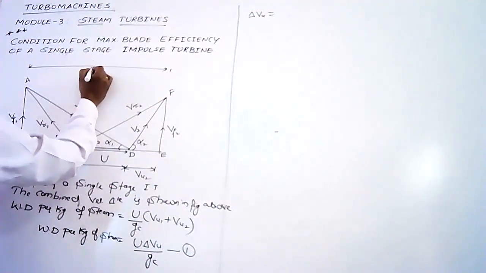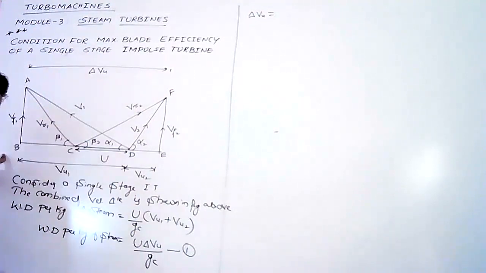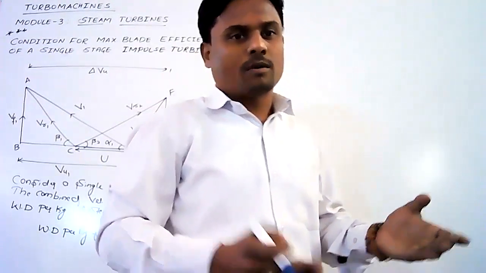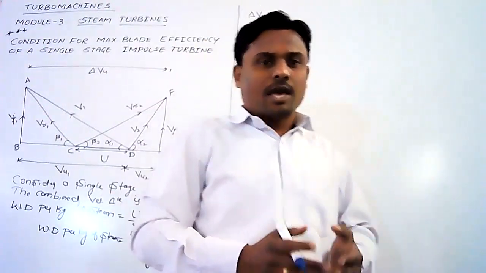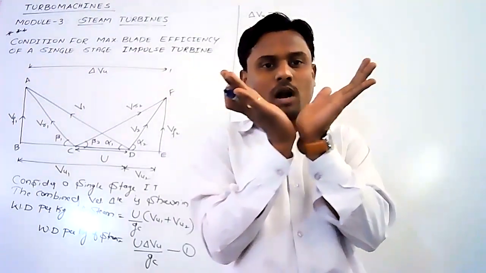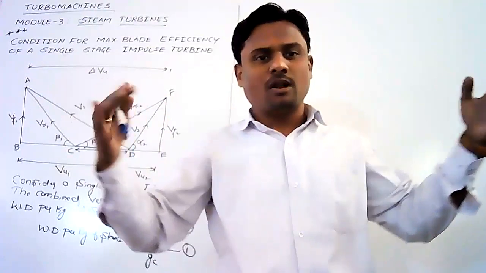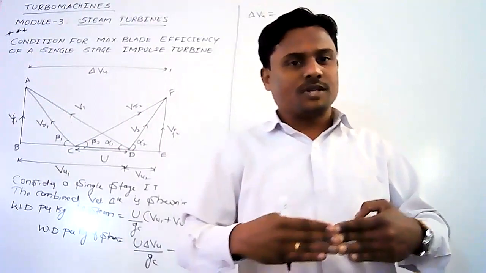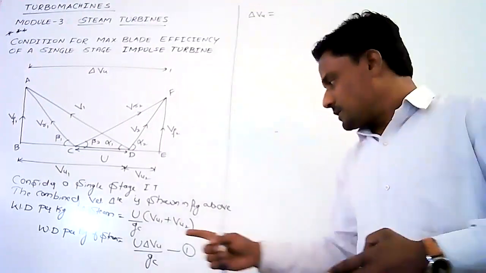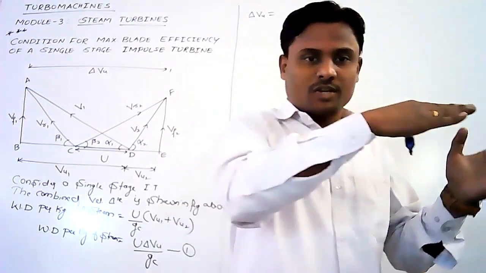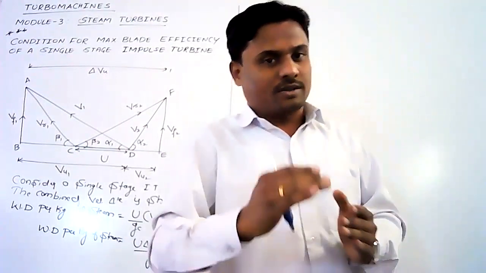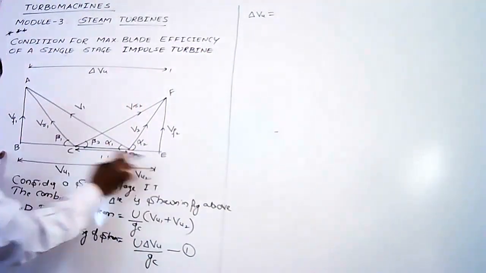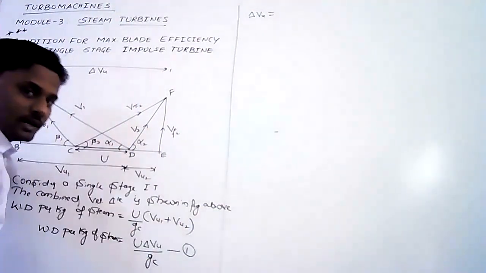Sometimes it may be minus, because the directions of Vu1 and Vu2 may be away from each other or towards each other. If the direction is opposite, we are supposed to take the positive sign here. And if they are in the same direction, we are supposed to take the negative sign. Right?